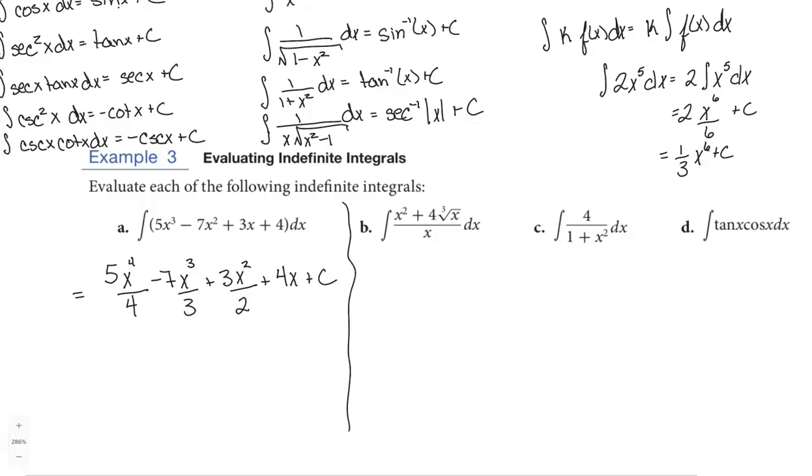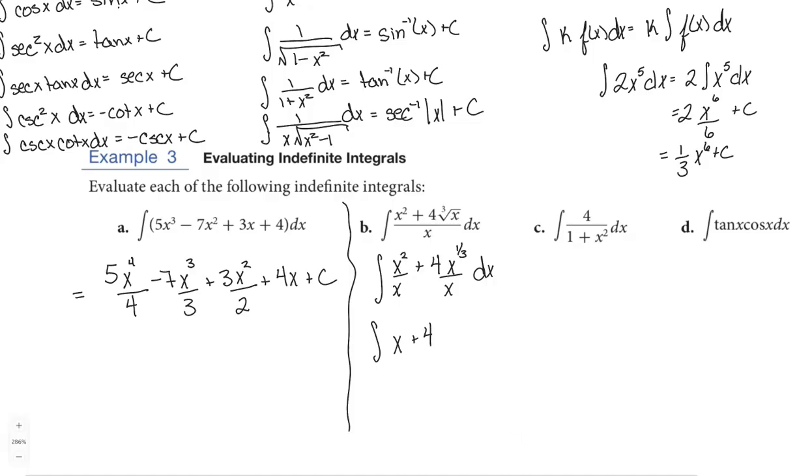For b, we're going to have to think about some of those techniques that we talked about when we were differentiating. So we don't have a quotient rule or a product rule, really, when it comes to integration. So we have to simplify things. So I'm going to split that numerator. This is 4x to the 1/3 divided by x. So when I divide and I have the same base, I'm going to subtract the exponents.